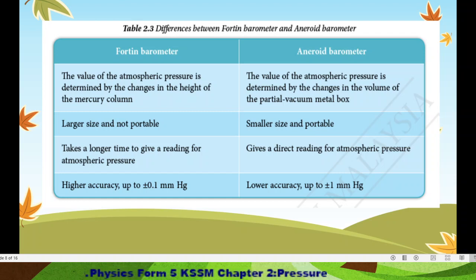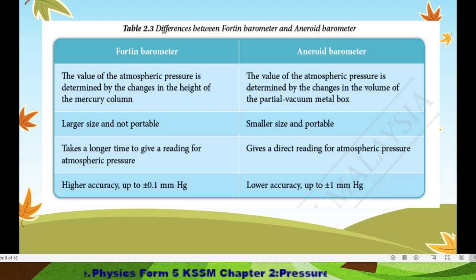Okay, as you can see, the Fortin barometer consists of a glass tube filled with mercury. Aneroid barometer, the value of atmospheric pressure is determined by changes in the volume of the partial vacuum metal box. The Fortin barometer is larger in size and not portable. Aneroid barometer, smaller size and portable.